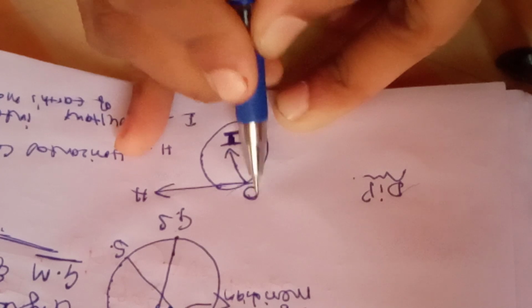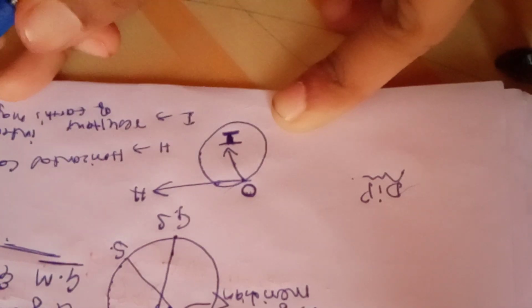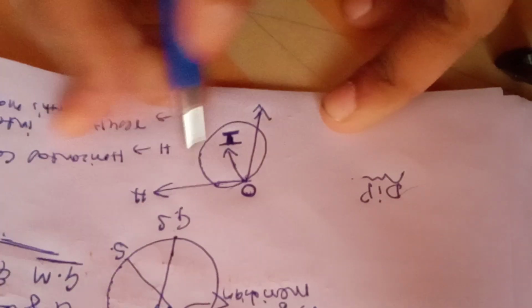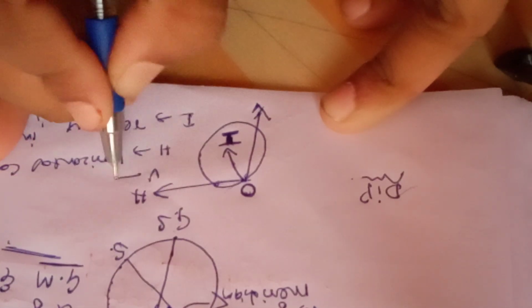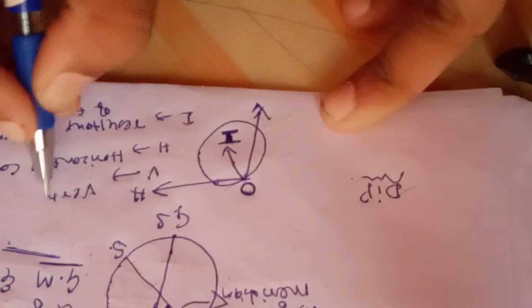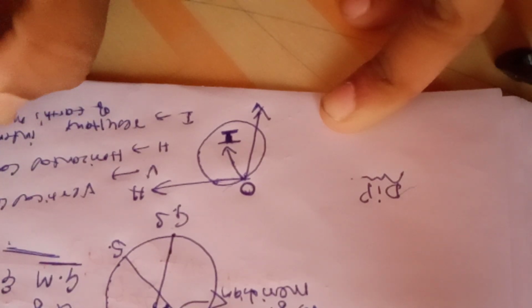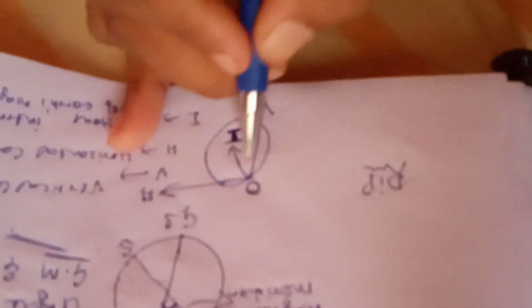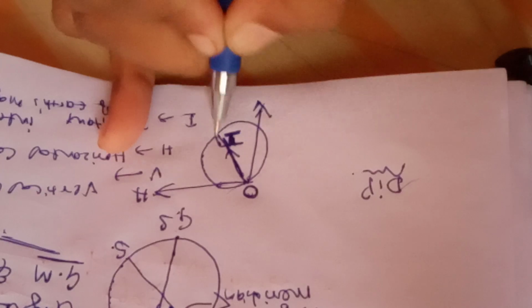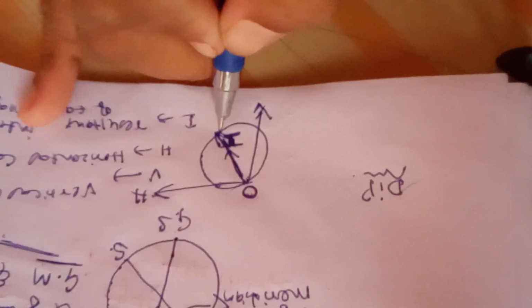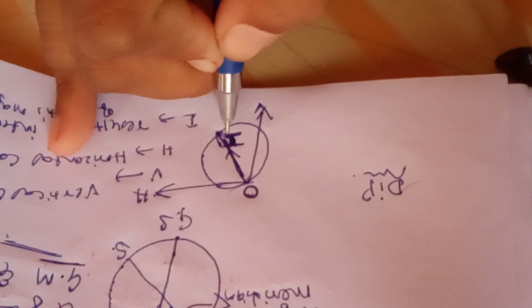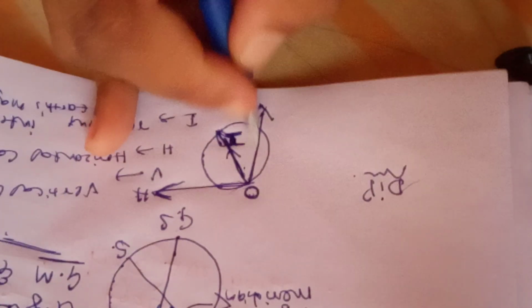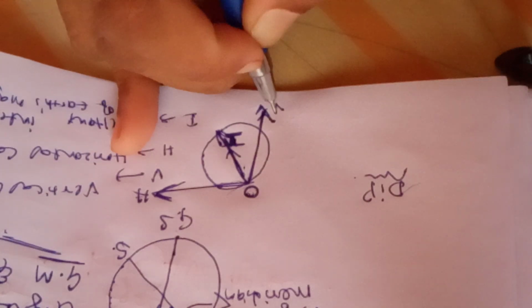So if we think of it as OH, it becomes the horizontal component of Earth's magnetic field, and OV is the vertical component of Earth's magnetic field. So I is the resultant intensity of magnetic field. We resolved I into two components, horizontal component along OH, vertical component along OV.